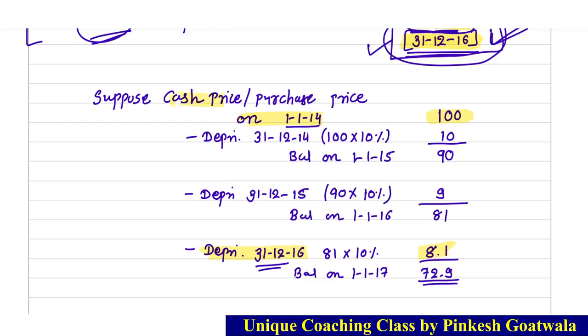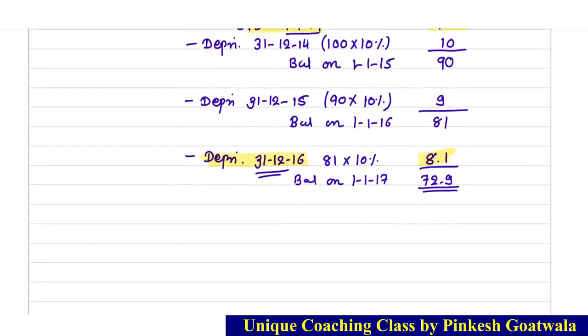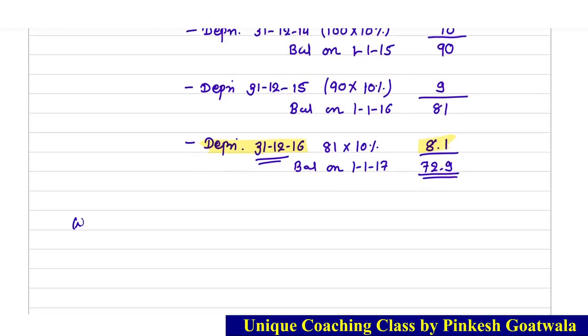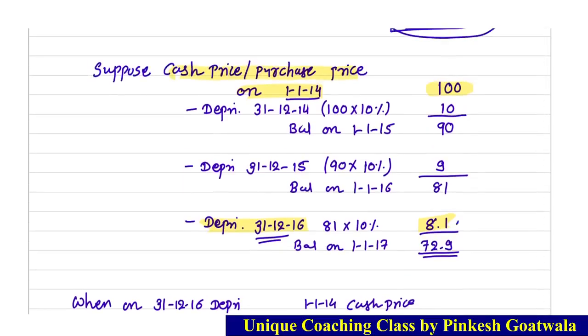So when on 31st December 16 the depreciation is 8.1, at that time, as per our supposition on 1/1/14, our cash price is 100.